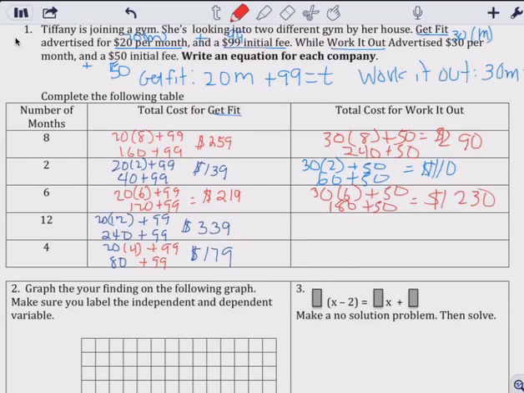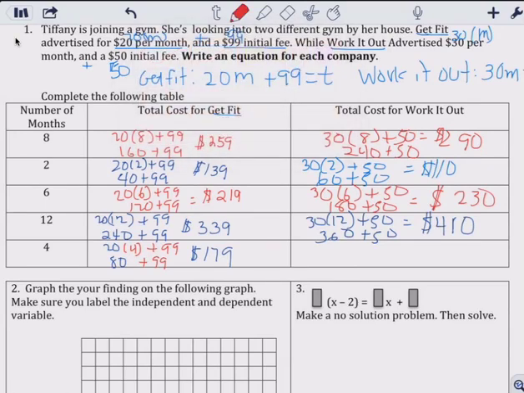Okay, 30 times 12 plus 50 equals 360 plus 50, $410, right? Alrighty.